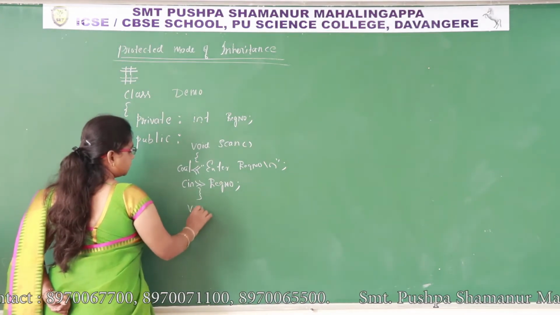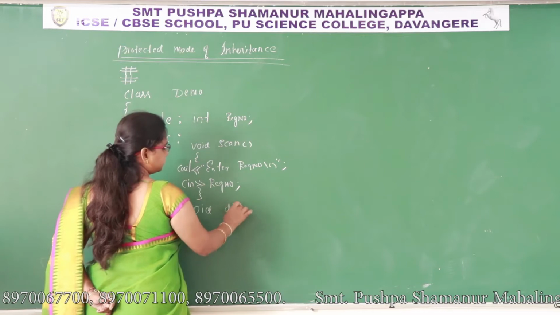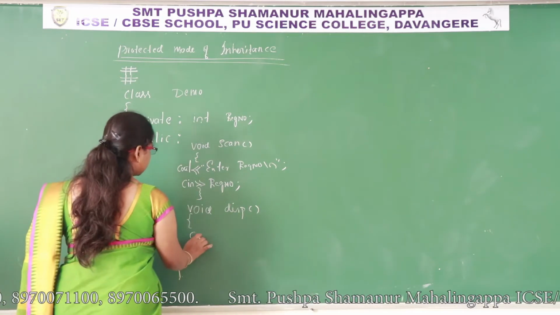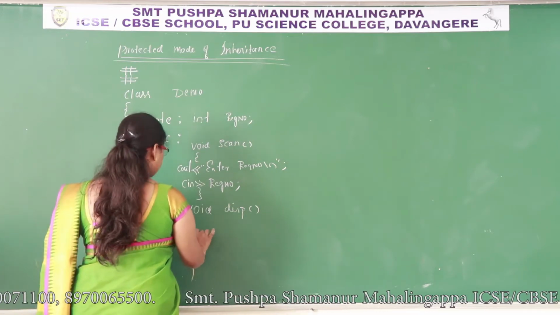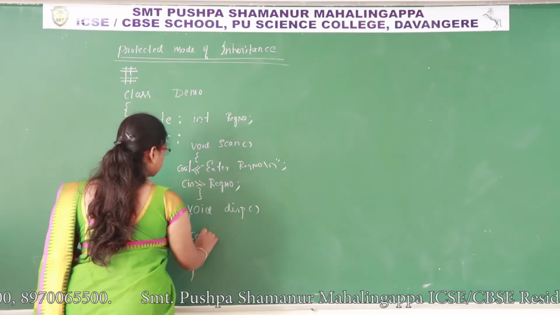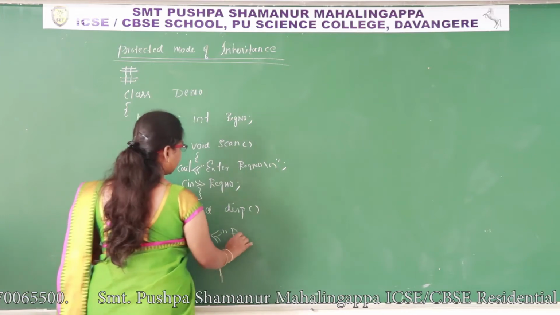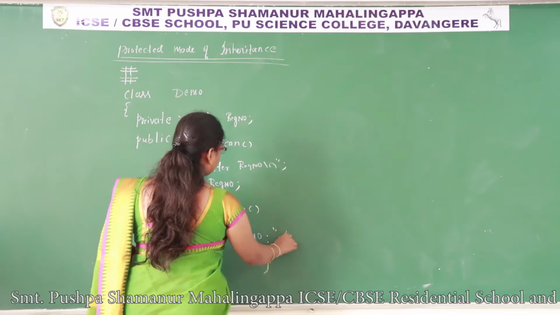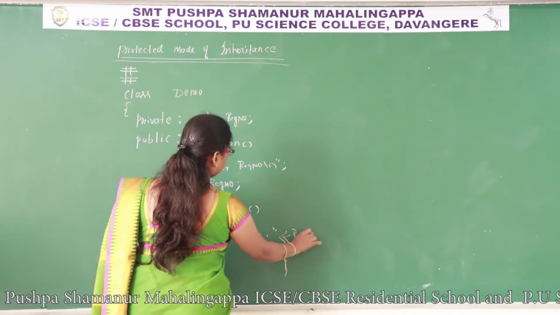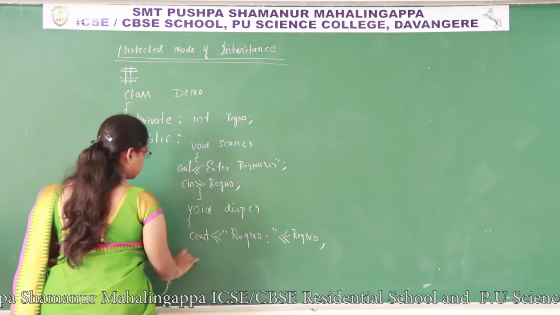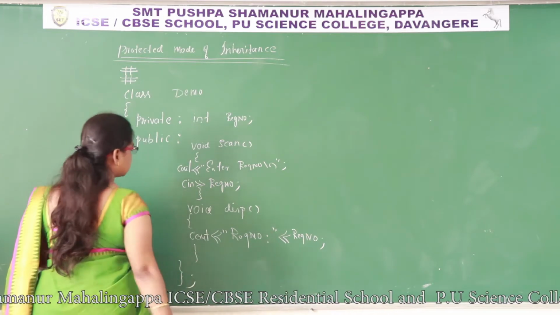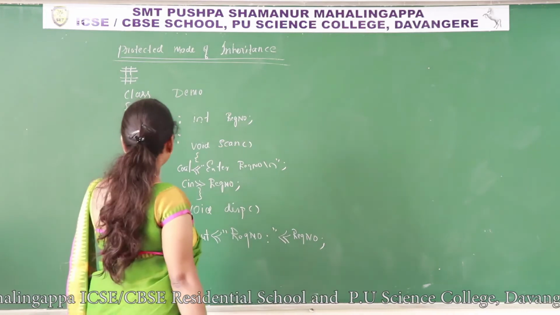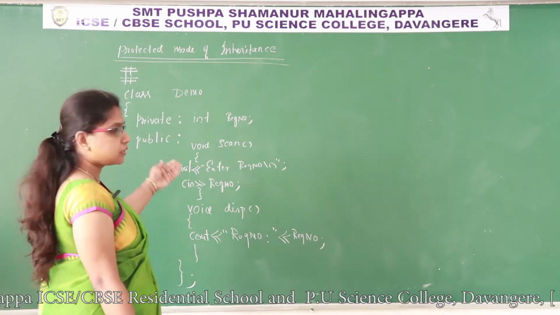And I want to display, so void disp, cout regno, the register number is regno, flower bracket close, semicolon. See here, there is a class called demo, so it is a base class.